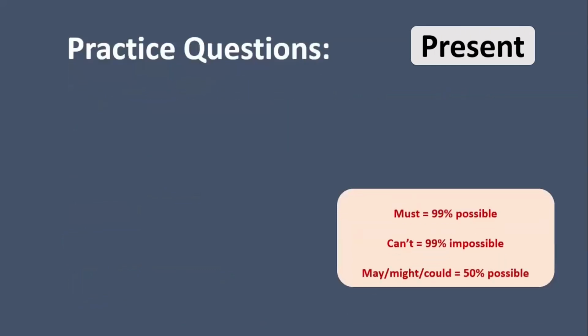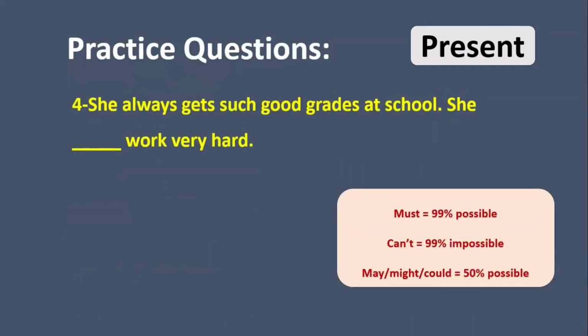Another sentence, we're still doing the present. She always gets such good grades at school. دائما ما تحصل على درجات عالية في المدرسة. So she must work very hard. ولا she could work very hard. ولا she can't work very hard. Okay? If she is getting good grades, what do I assume about her? Of course, she must work very hard.